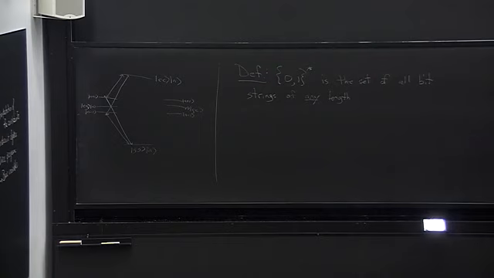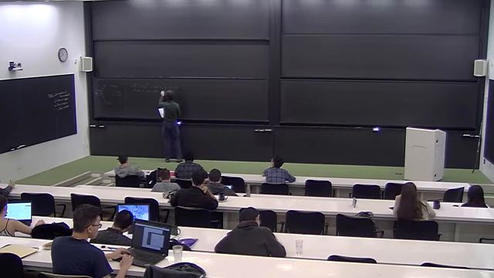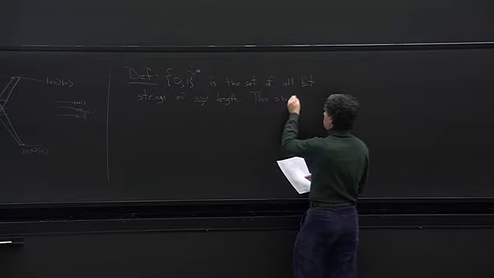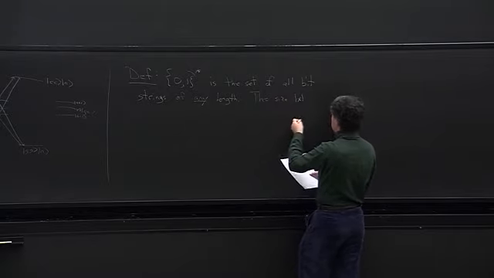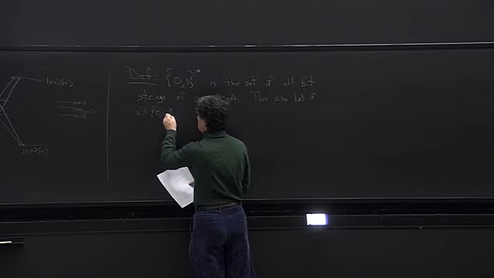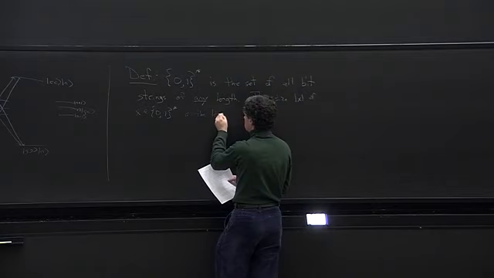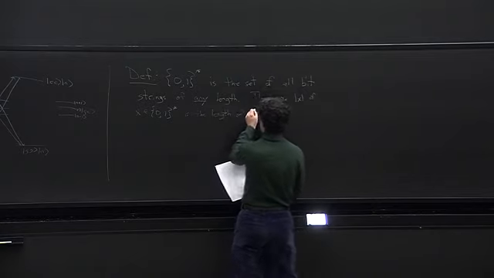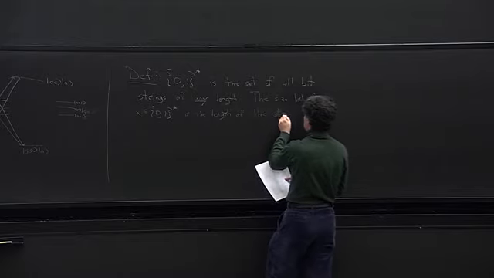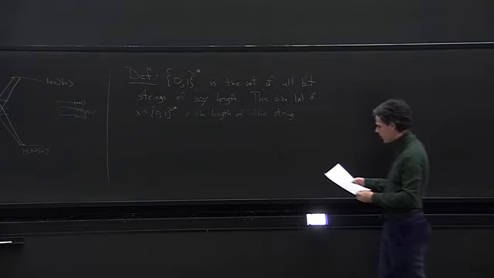Nothing, the empty string is in that set. 0, 1, 1, 1, 0, 0, 0, 0, 1 is in that set, and so on. And so the size of x is the length of the string, which is any non-negative integer.